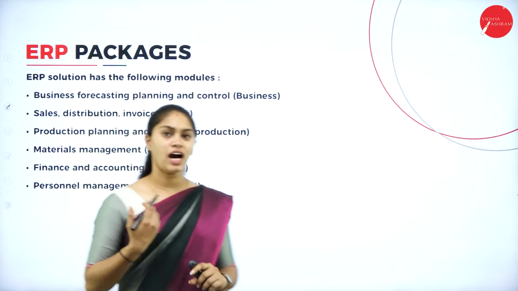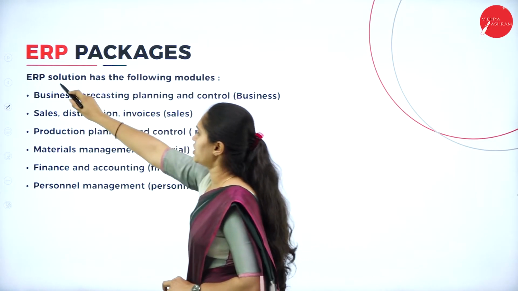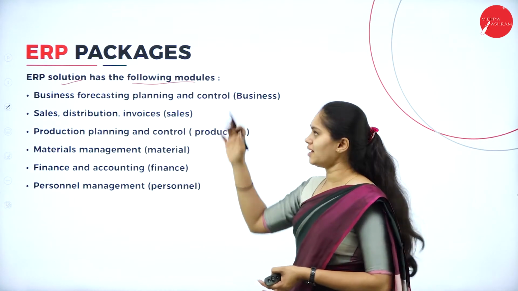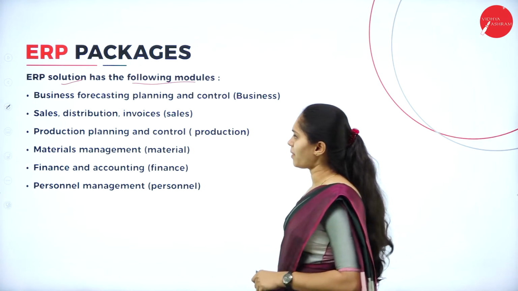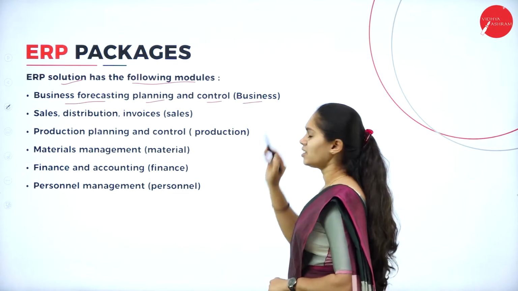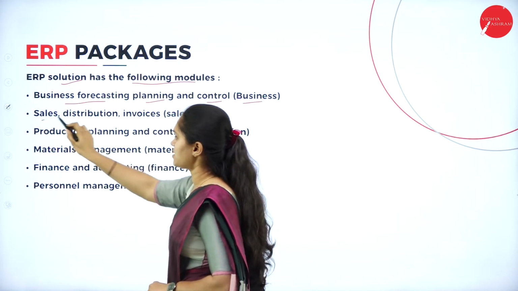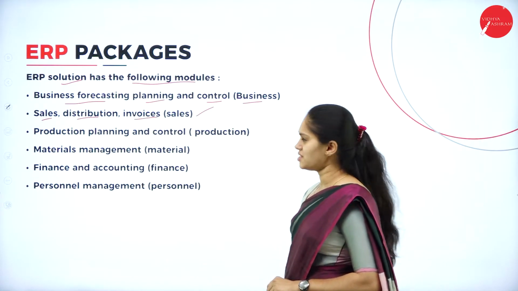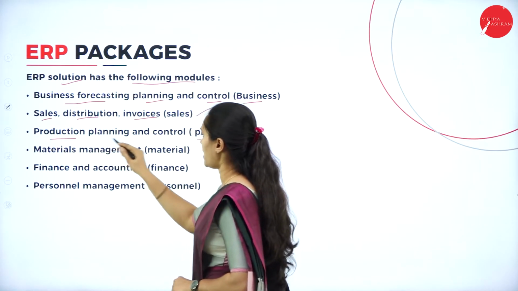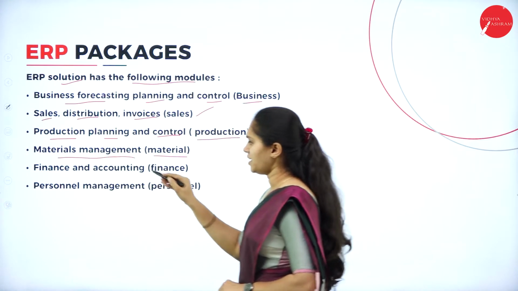Now we'll see how this ERP package or ERP solution has modules. What are the modules included in the ERP packages? The packages can be related to business forecasting, planning and control, which is termed the business package. In sales it will include sales, distribution and invoices. In the field of production, it includes production planning and control, and in the field of material, it has material management.